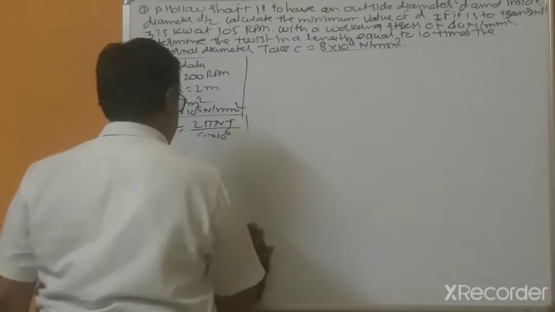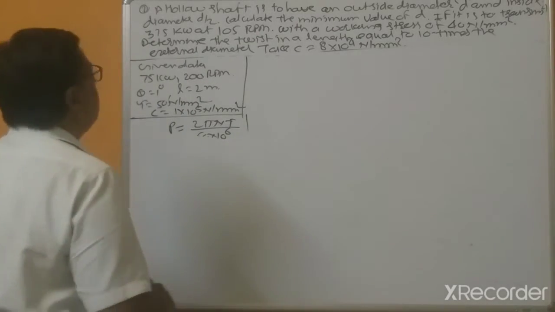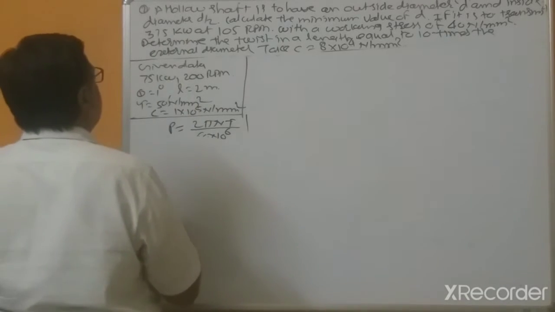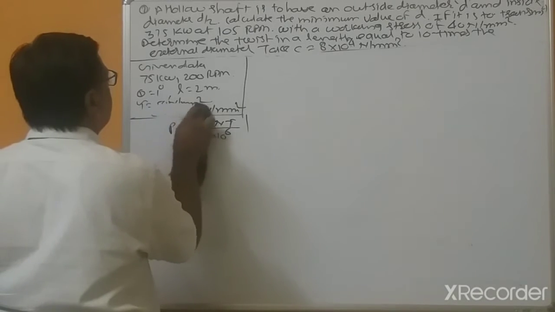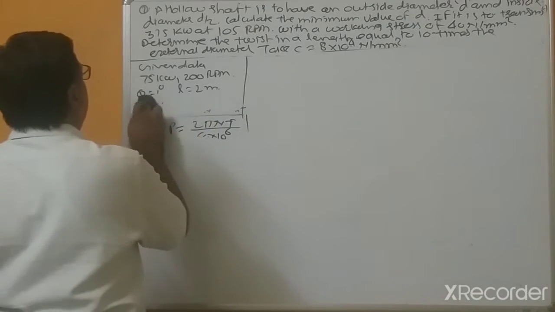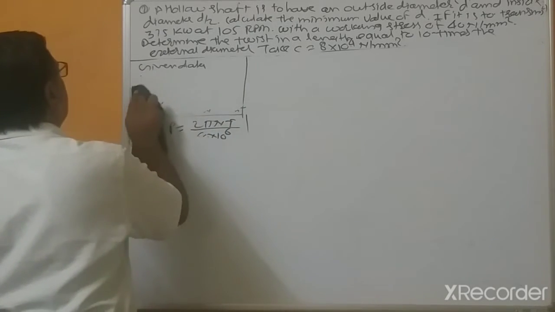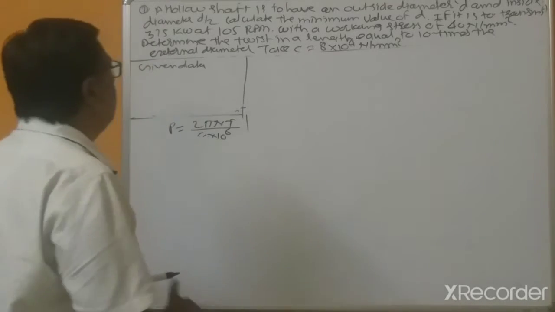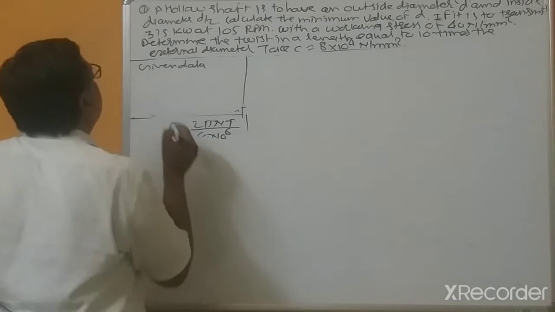So in the previous problem, both relations were to be used. In this problem, I think only one relation. So what is given, first extract the data.